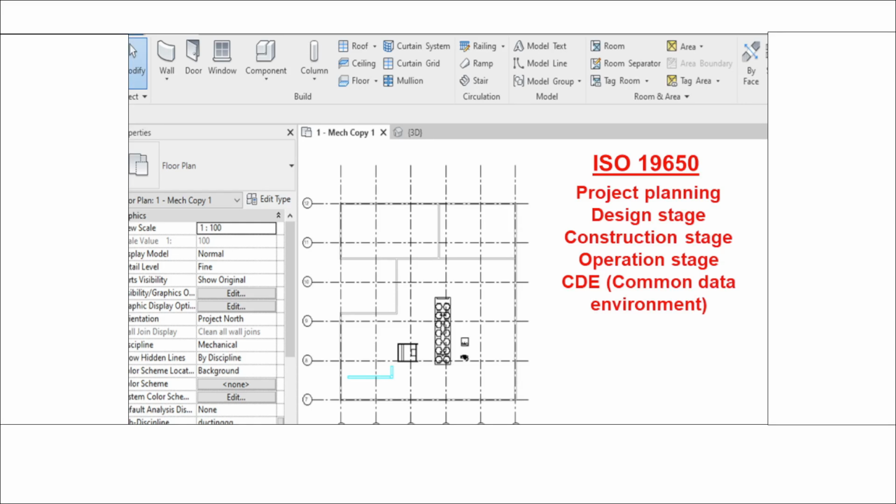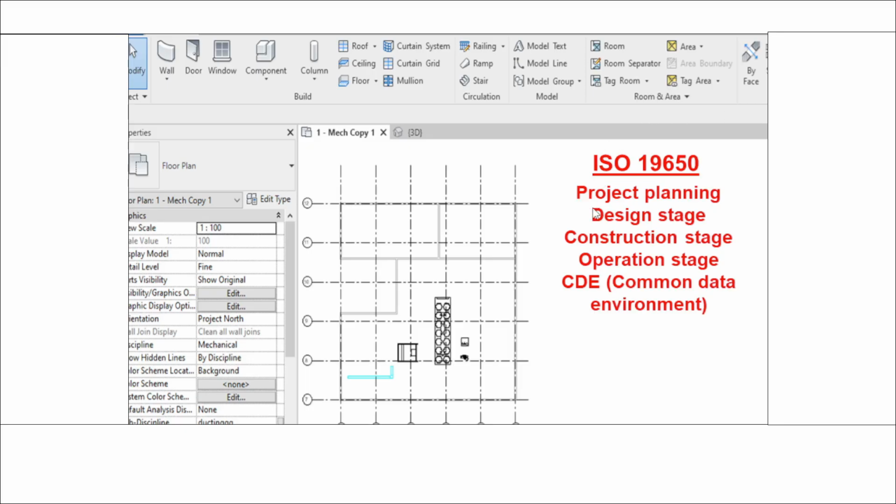First one, ISO 19650. The most important BIM standard is ISO 19650. ISO 19650 explains how to manage information in BIM projects.